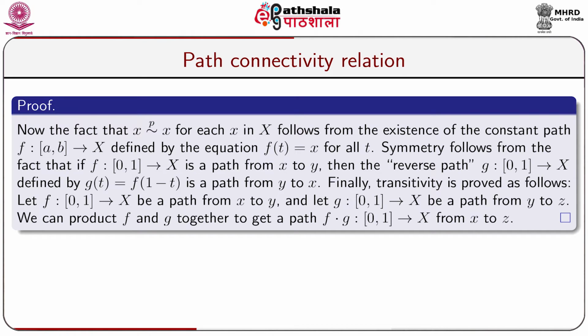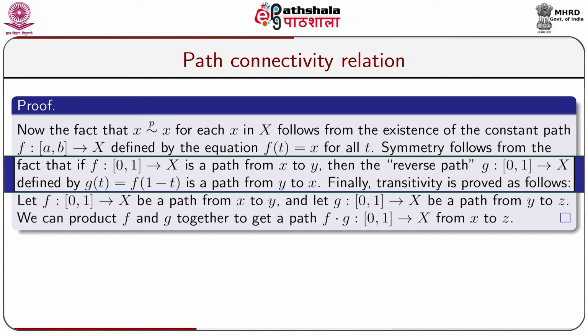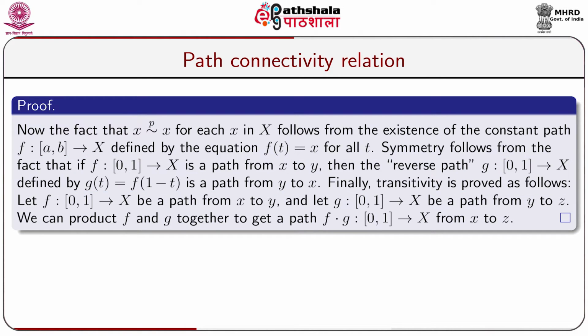Now, to prove the symmetry, that means if x is related to y by the path connectivity relation, then we have to prove that y is related to x. If x is related to y, then there exists a continuous function f from the closed unit interval [0,1] to X such that f(0) = x and f(1) = y.